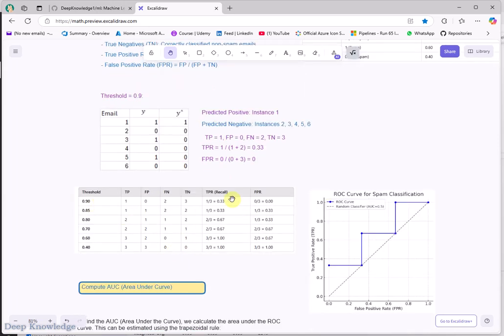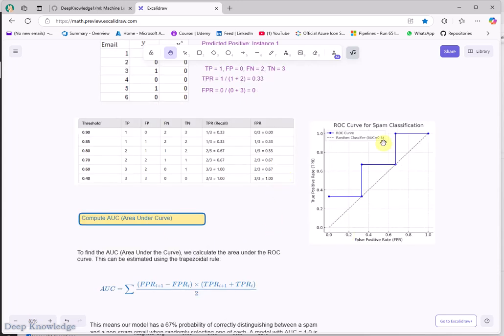True positive rate is recall, as I said, and this is the false positive rate. And we have to do it for all the probability scores for the whole data we have predicted on, so it might be validation or test data, not the training data set.